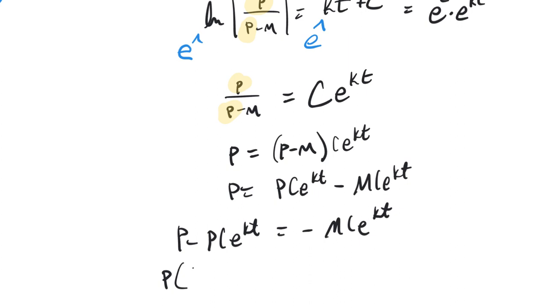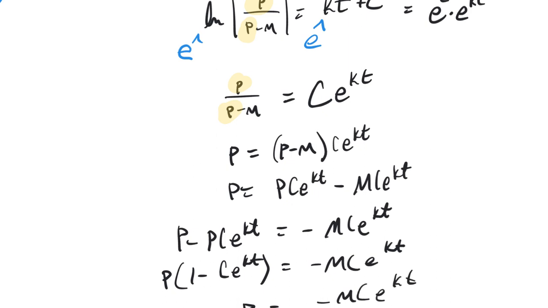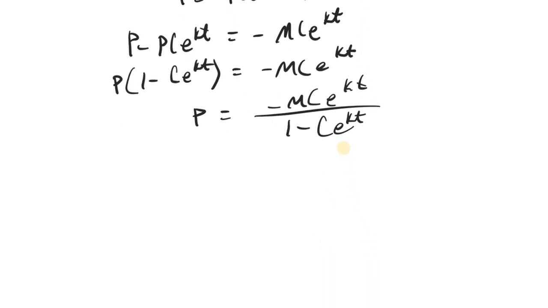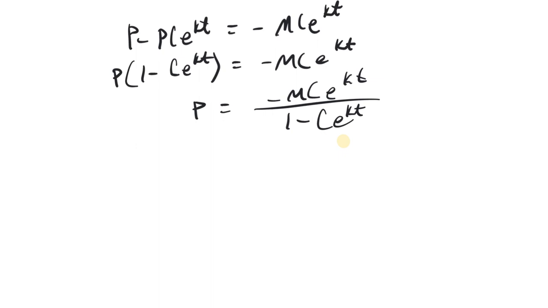Factor out the P. Divide both sides by that difference. And we're so close to the standard form that we know and love.